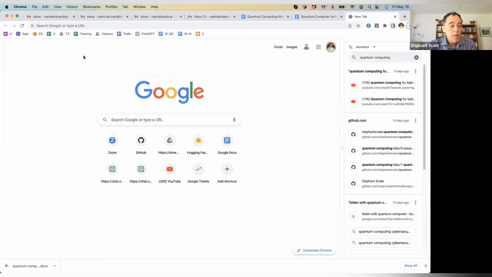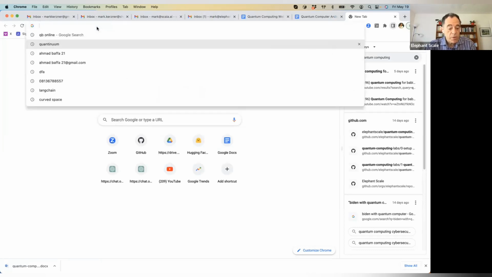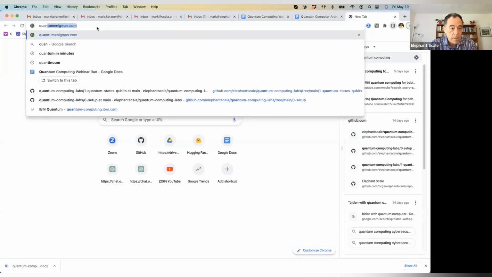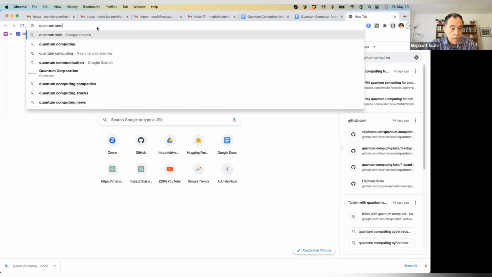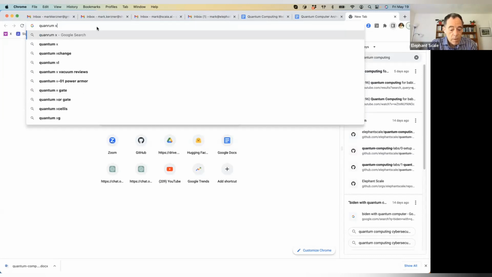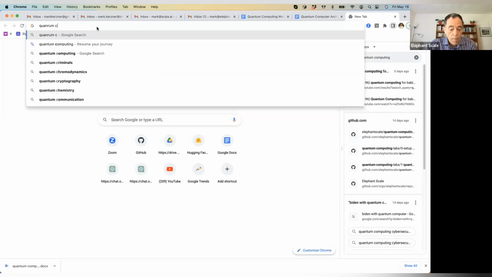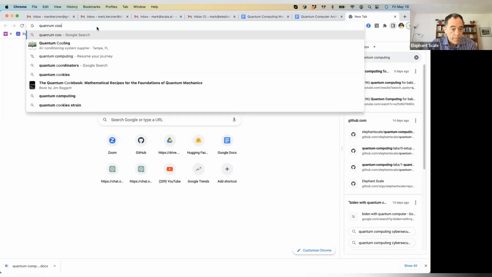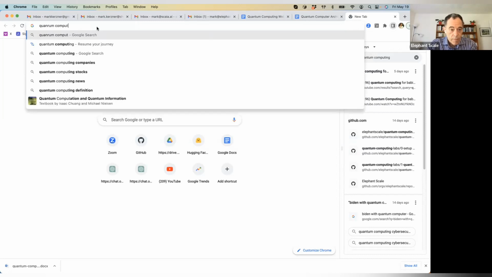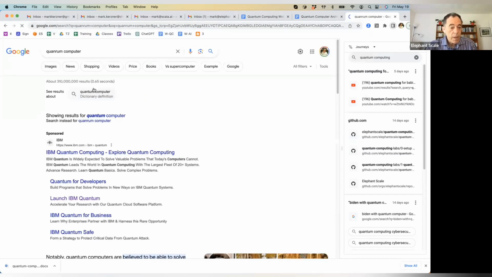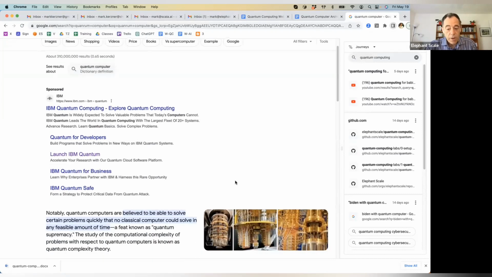Quantum computing, but we really want the images. No, it doesn't want to show me the images, so one second. Quantum computer. Okay, and then show me, yes, I was looking for this. Well, there are enough images here.